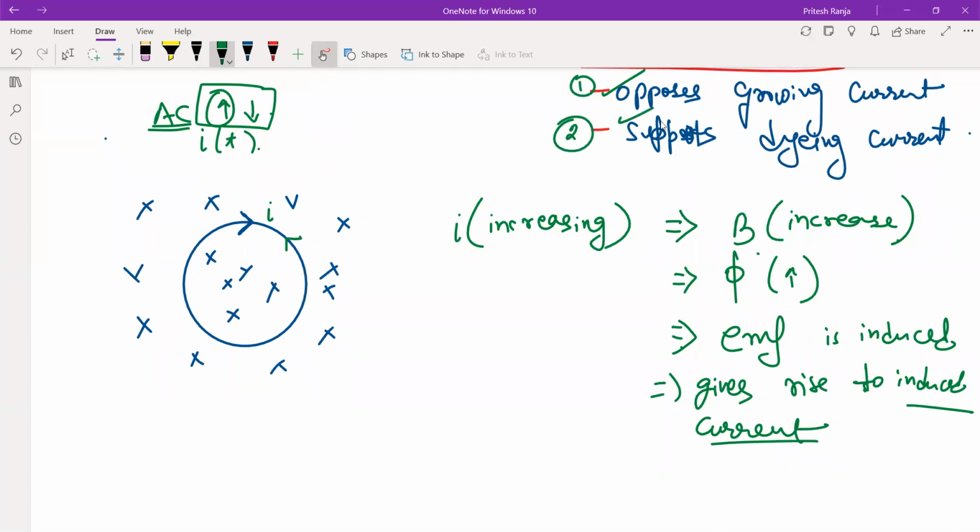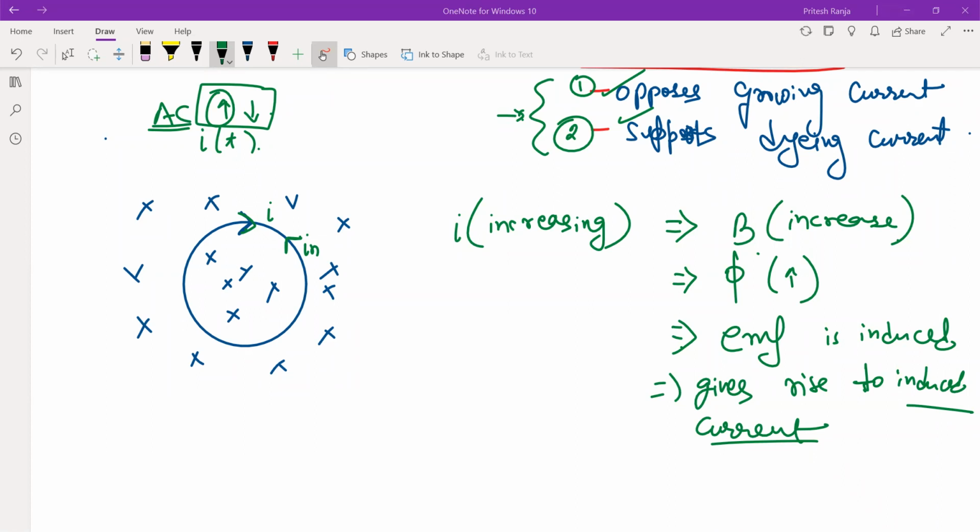Here we do not need to think even about the Lenz law, because according to Lenz law only we derive these 2 points. So here if I is increasing, the induced current will be in this direction. Similarly, if I will be decreasing, then the induced current will be in the supporting direction.